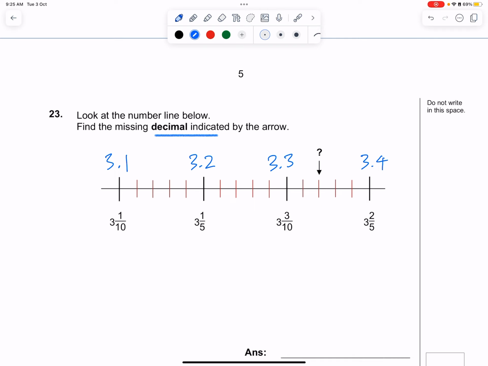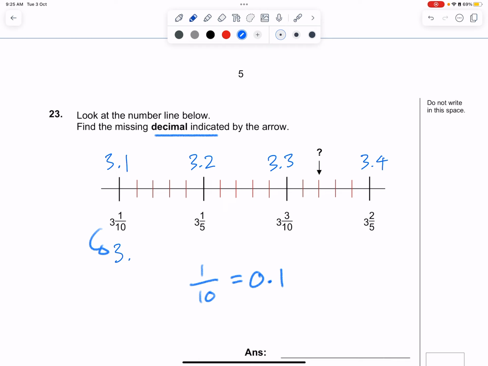Very simple. If you know how to convert this into decimal, right? So let's try converting one of them. Let me show you how. This 3 over here is a whole number, so therefore it's 3. I don't care about it. Now, how do you convert this part, the 1/10, into a decimal? 1 over 10 is equivalent to 0.1.